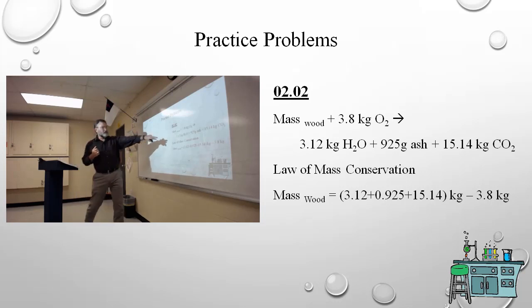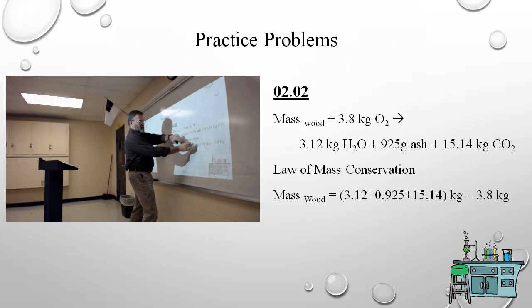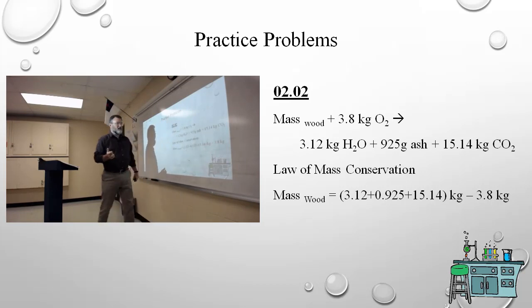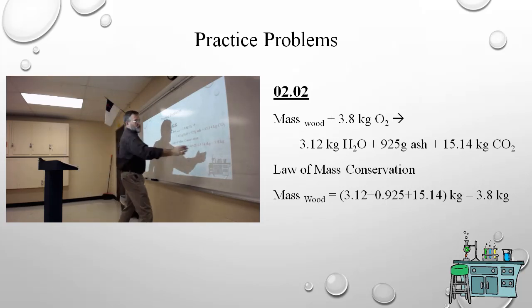See, the 3.12 kilograms plus, and I convert this to kilograms, 0.925 kilograms plus the 15.14 kilograms. So add those numbers up, all in units of kilograms, minus 3.8 kilograms. This 3.8 was the mass of my oxygen. It was one of my reactants.